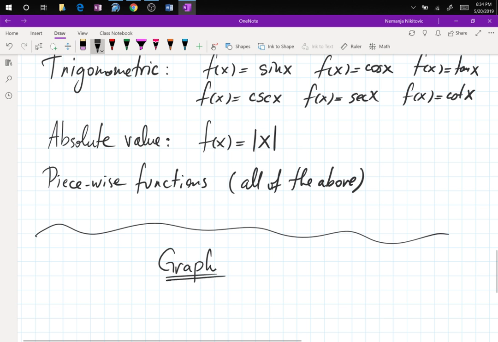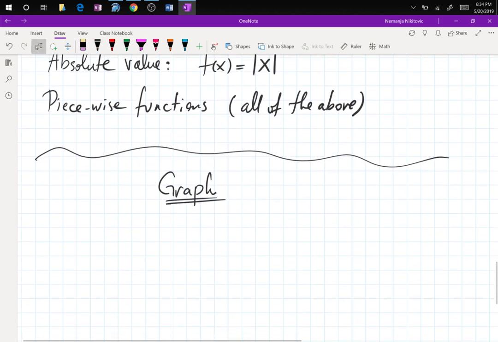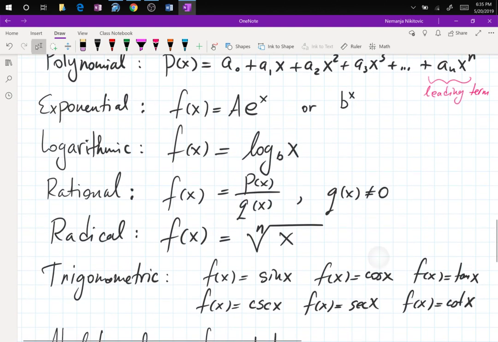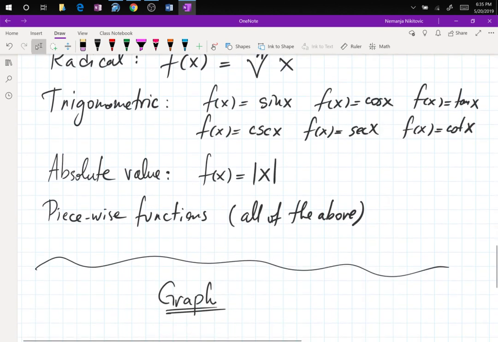Remember how the syllabus and the course standards do not allow a graphing calculator on the exam. Is there going to be graphing on the exam? Yes. So what are the functions that you need to know how to graph by hand? Well, just these. Let's talk.